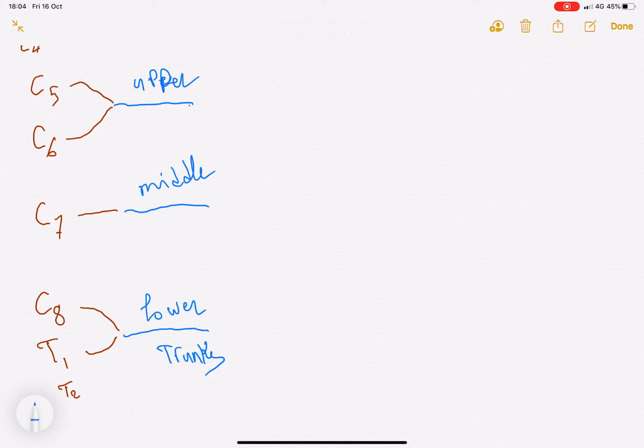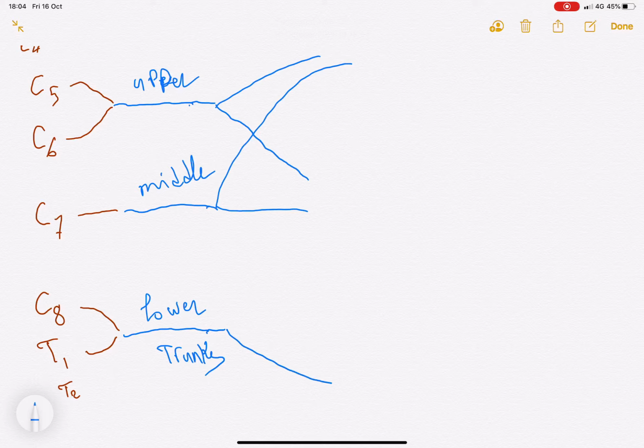Each and every trunk further divides into anterior and posterior, anterior and posterior, anterior and posterior division.